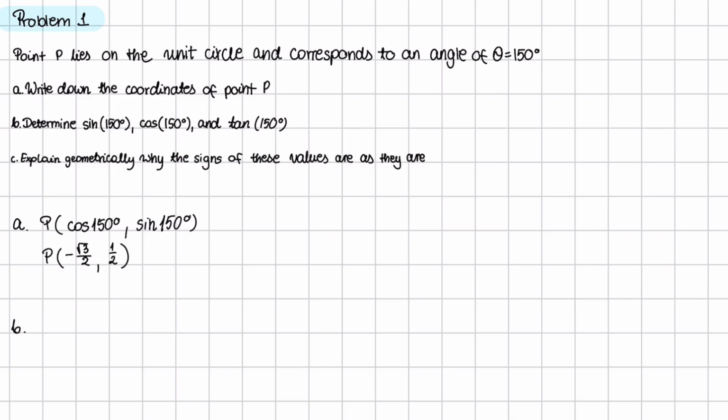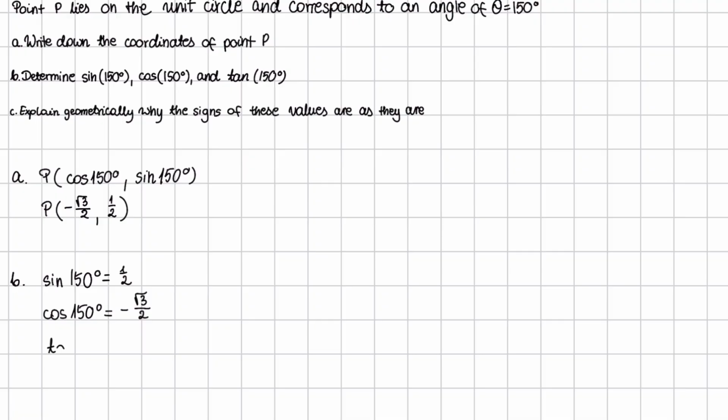However, we can observe that tangent is always sine over cosine. So we can calculate it in this way. So sine 150 is of course 1 over 2. Cosine 150 is minus square root of 3 over 2.